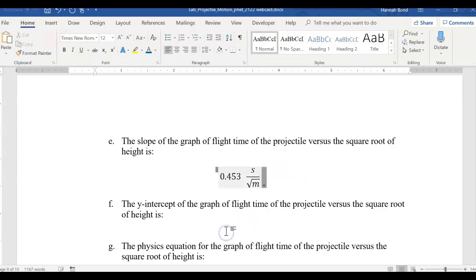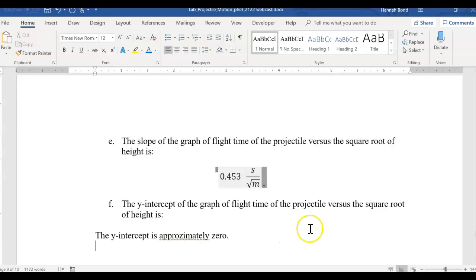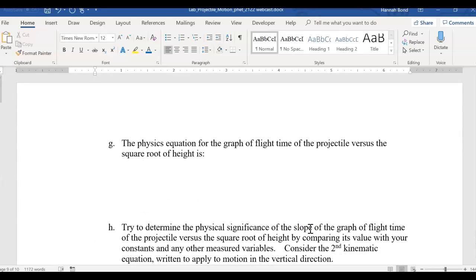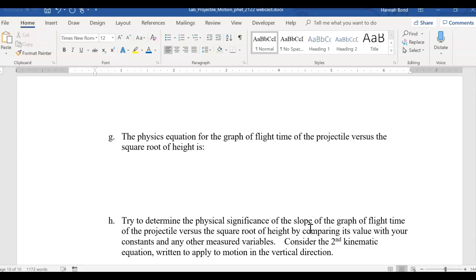And we're just going to say the y-intercept is approximately 0, so that we don't have to worry about that. Okay, so a physics equation for this: the independent variable now is the square root of height, and so I'm just going to call that square root of h.